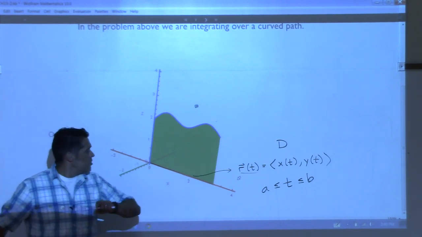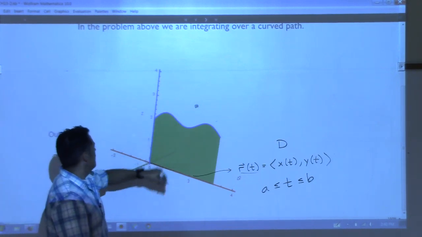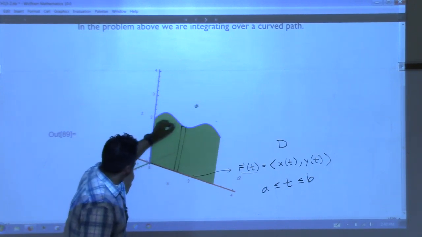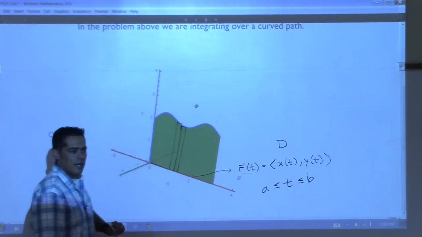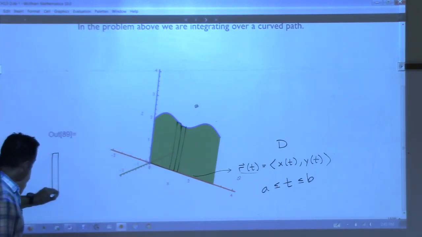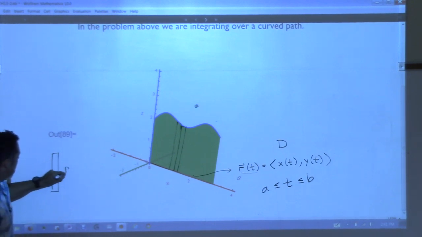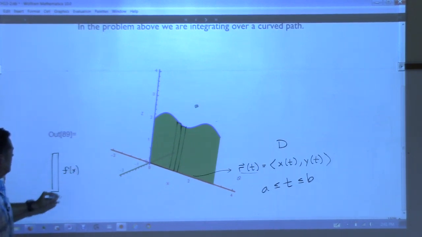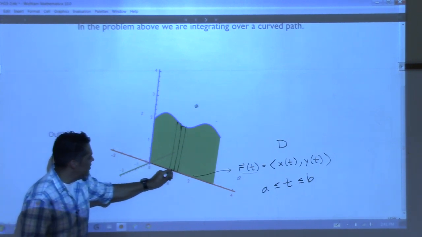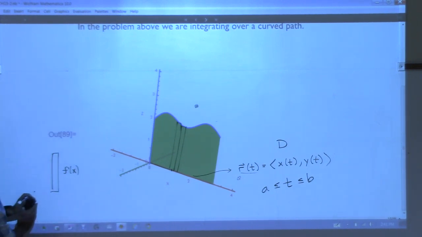All right? So what we did in Cal 2 is we said the way we're going to do this is with Riemann sums. And we're going to cut this up into a bunch of rectangles, right? An infinite number of rectangles. We're going to find the area of each rectangle. We knew that the height of the rectangle would be the function's value at x. So you go to some value x, and that would be your height, right?